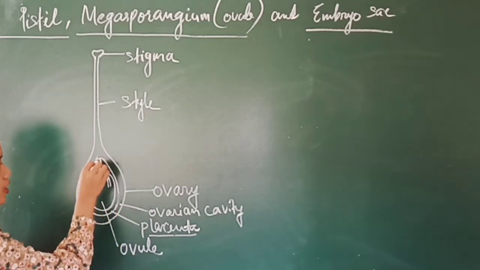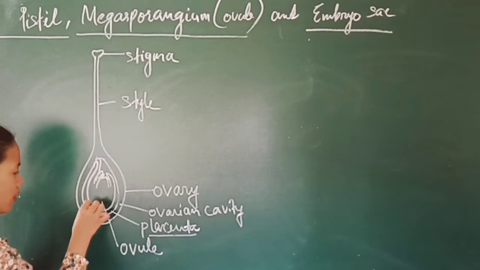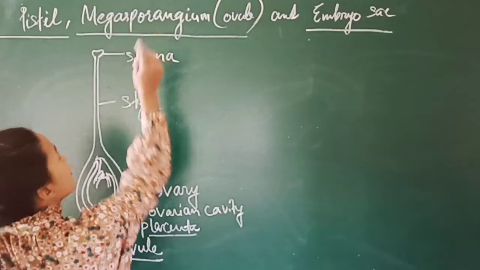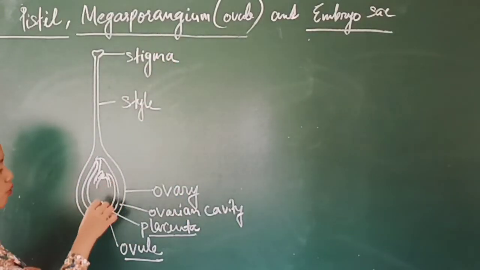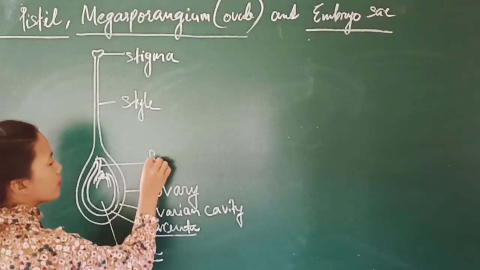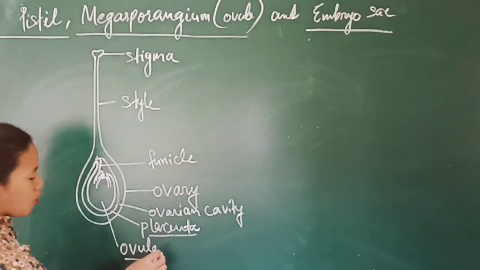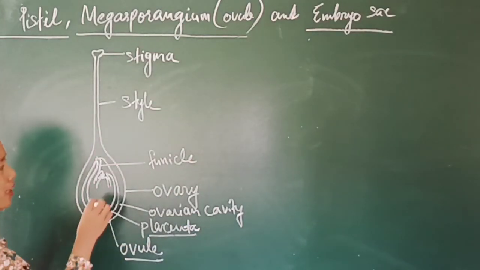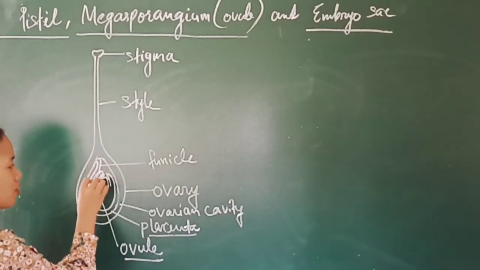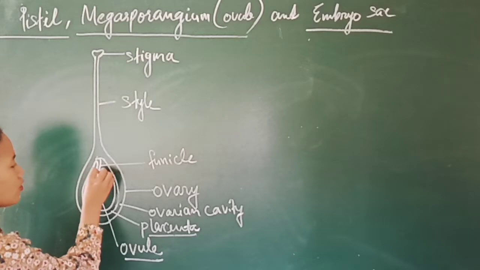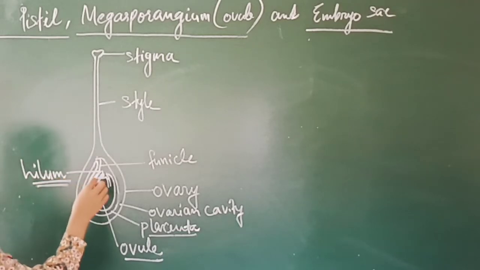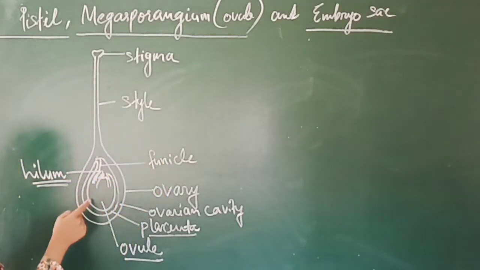So this is the attachment, and then this innermost structure is called the ovule or the Megasporangium. Okay, so this ovule is attached to this placenta by a stalk called funicle. The funicle attaches to the ovule at the junction called the hilum. Okay, so this is the junction where funicle attaches with the ovule.